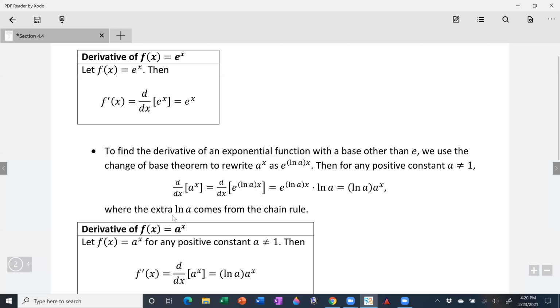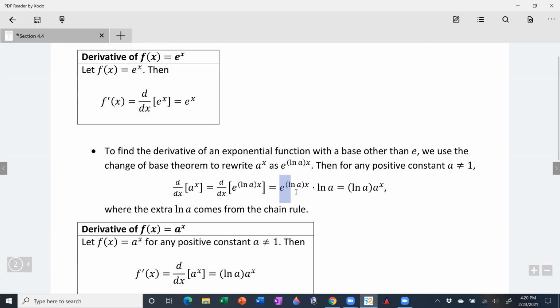Well, the extra ln a comes from the chain rule. In the last section, we developed that chain rule. Remember, the derivative of e to the x is itself, but if you've got e to the power of a different function besides just x, where ln a is technically a constant times x, this is kind of like e to the u, where u is a function of x.